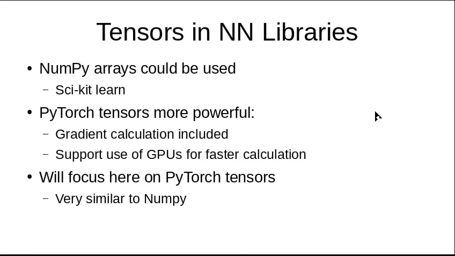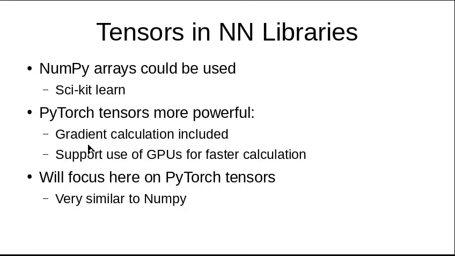One Python library that is well suited to describing and using arrays of numbers is NumPy, and the scikit-learn machine learning library actually uses NumPy for doing calculations. However, the tensors as implemented in PyTorch are more powerful.